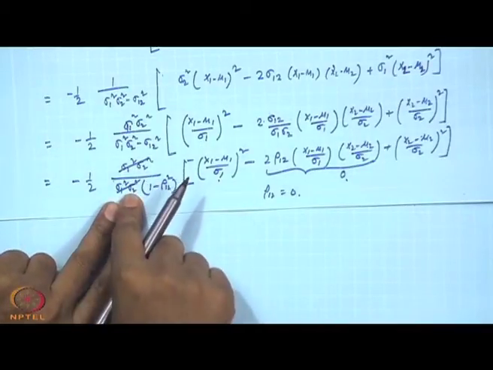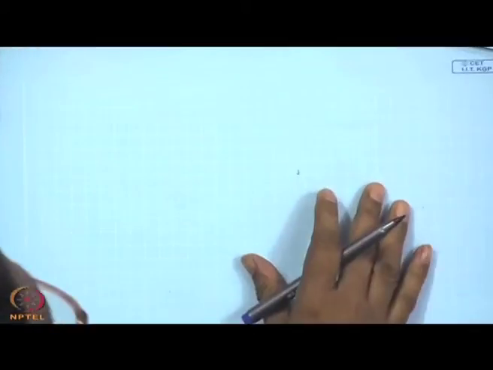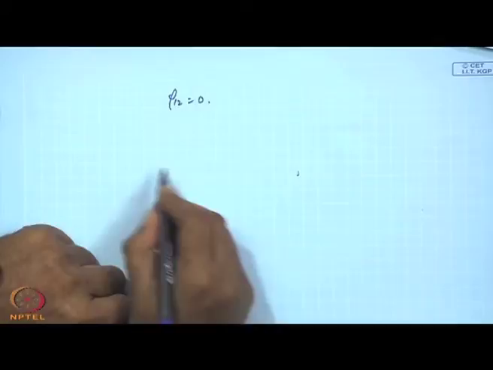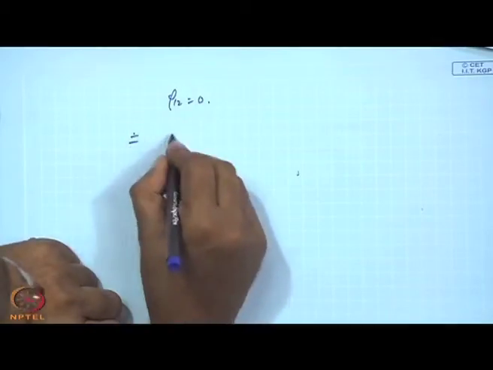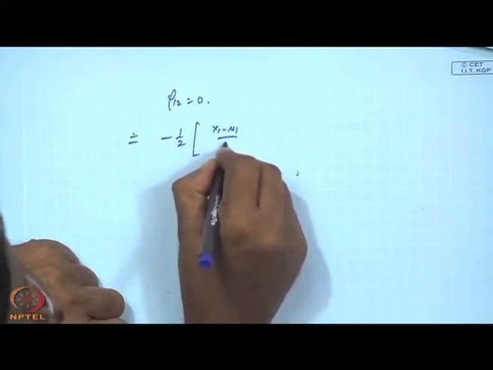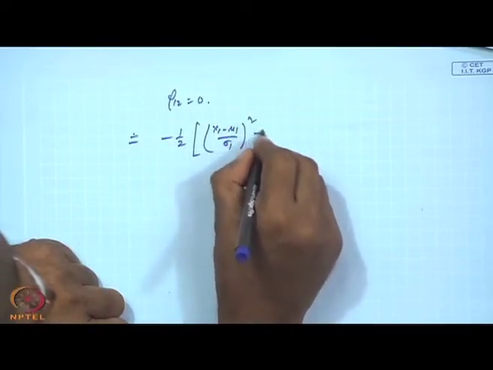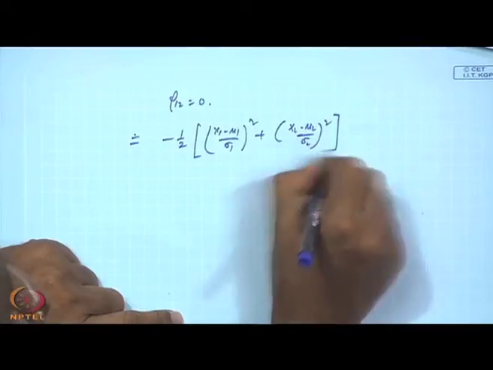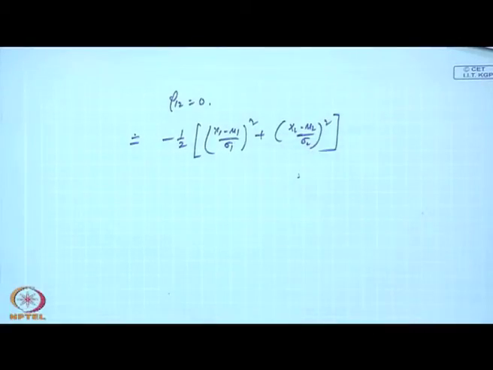So, the resultant quantity, if I put rho 1 2 equal to 0, is minus half x 1 minus mu 1 by sigma 1 square plus x 2 minus mu 2 by sigma 2 square. Okay. So, this is the exponent part.